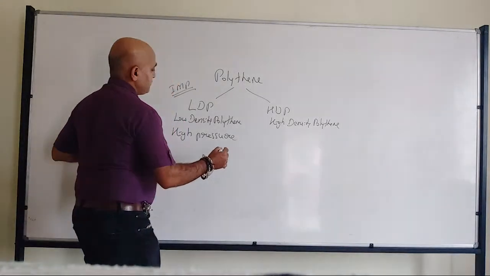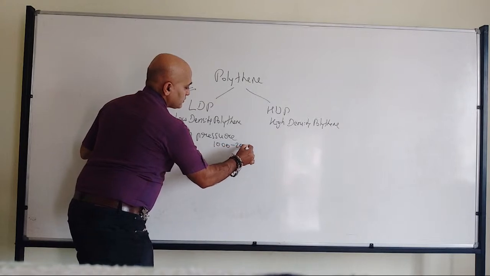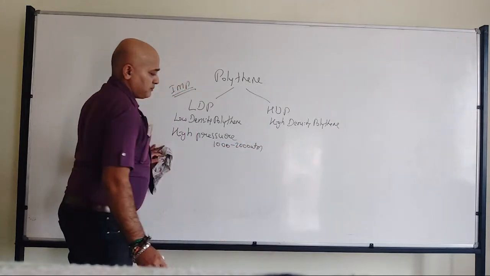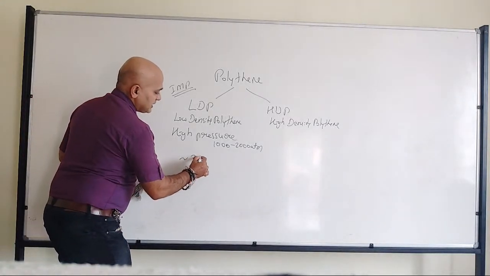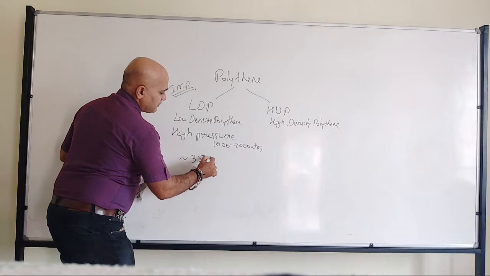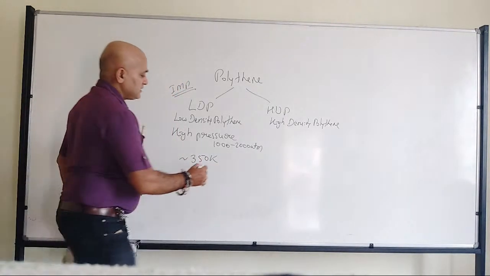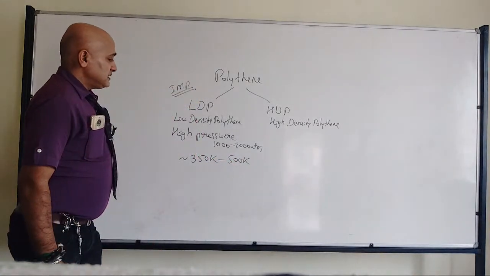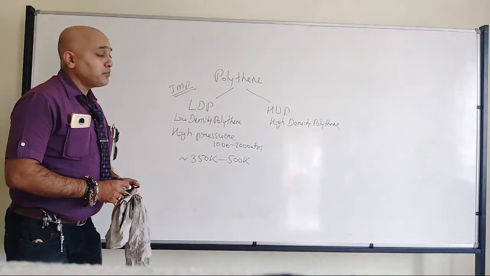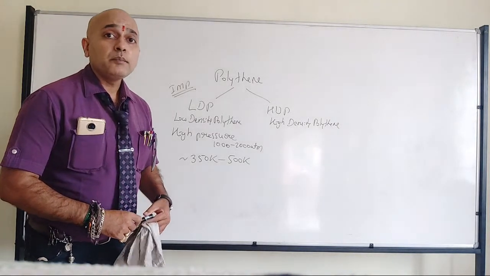So that's 1000 to 2000 atmospheric pressure, and for temperature, I will write approximately 350 Kelvin. It can go up to 350 to 500 Kelvin also. Then they are going to get low density polyethylene.